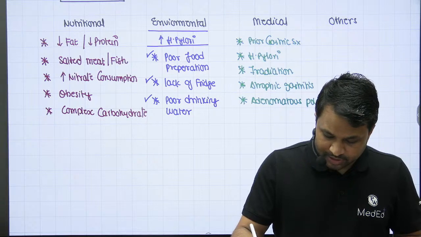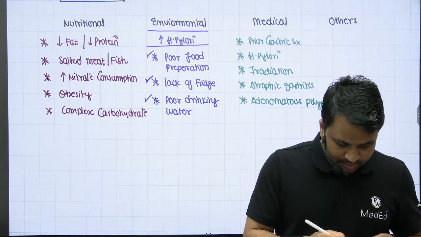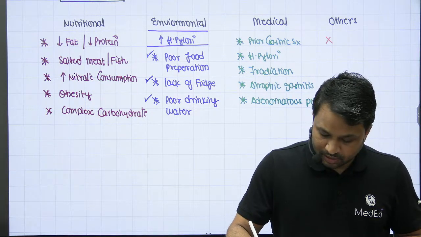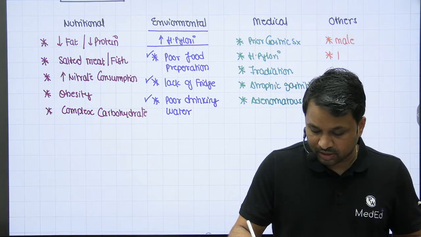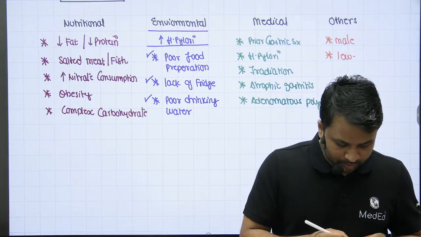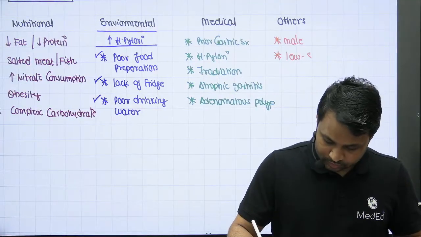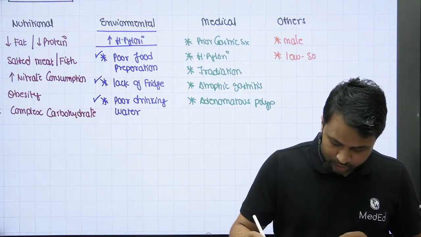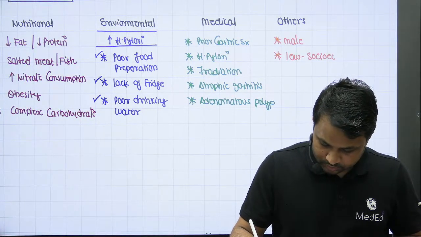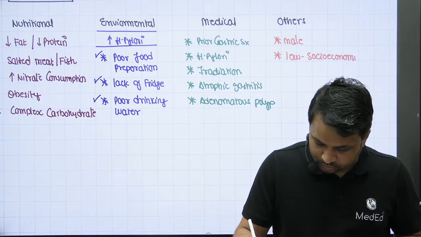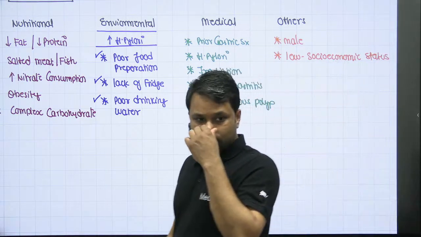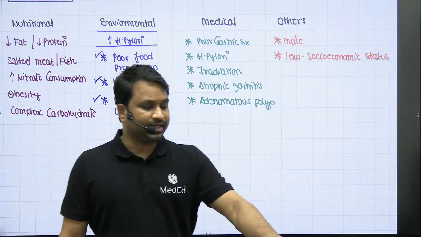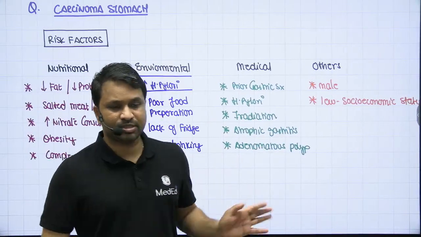Now, in the miscellaneous or other risk factors, being a male is a risk factor, and especially if you are poor, it is a bigger risk factor. So, low socioeconomic status. So these are the risk factors that are going to result in carcinoma stomach, right?